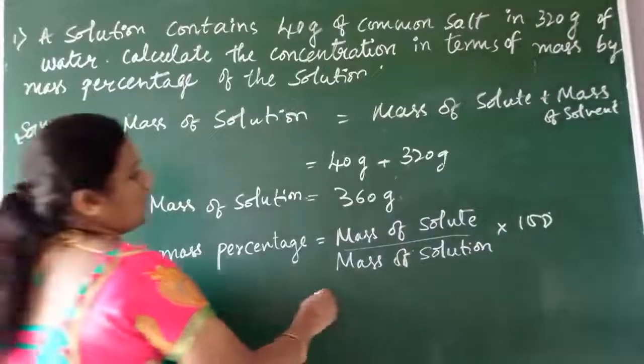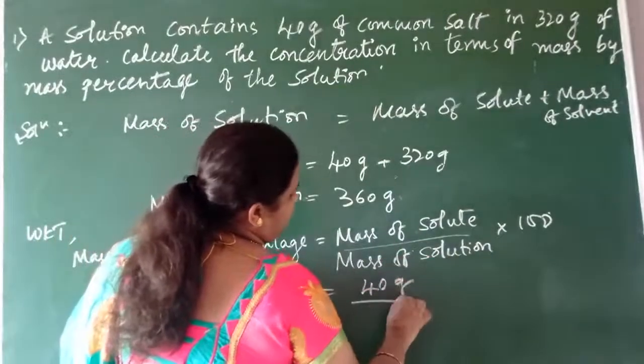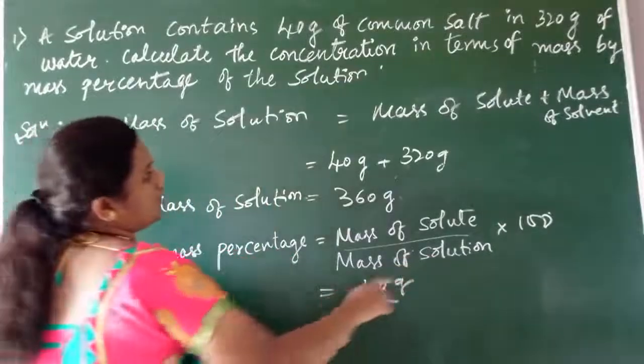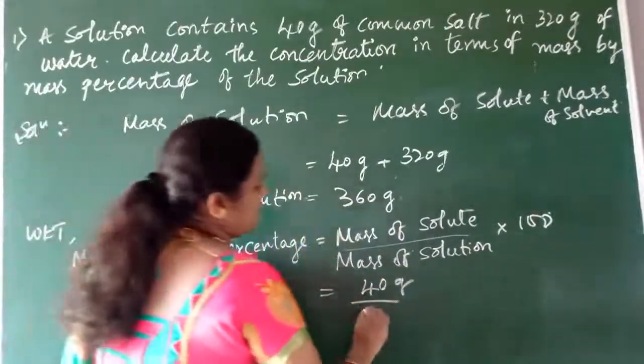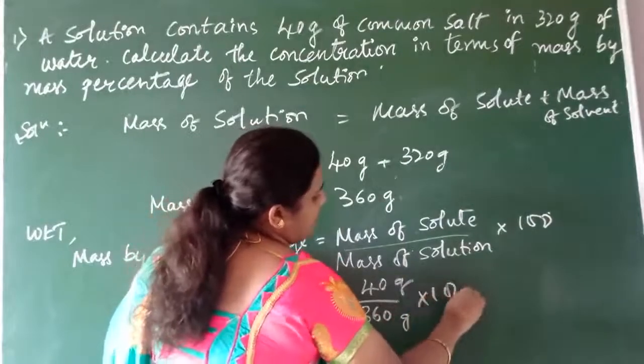So the mass of solute is 40 grams divided by the mass of solution, 360, into 100.